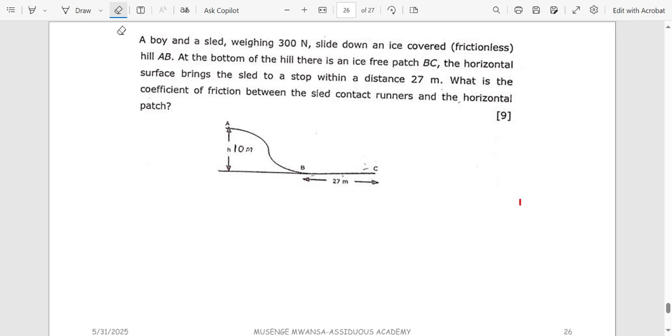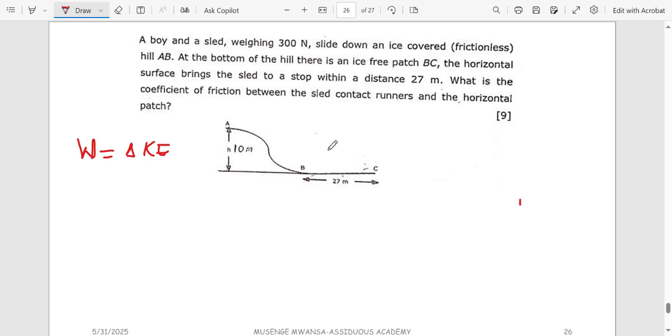Okay, so let's use the work energy theorem. According to the work energy theorem, the work is equal to the change in kinetic energy.